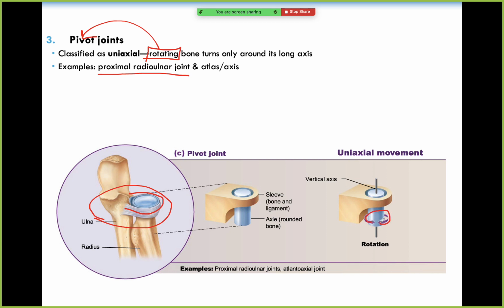So if you put your arm out in front of you and you face your palms down, then palms up, and you keep your elbow as stable as possible, that movement is a rotation. The same thing with the atlas and the axis, that means the C1 and C2 vertebrae. You turning your head left and right, saying no, is a type of pivoting.